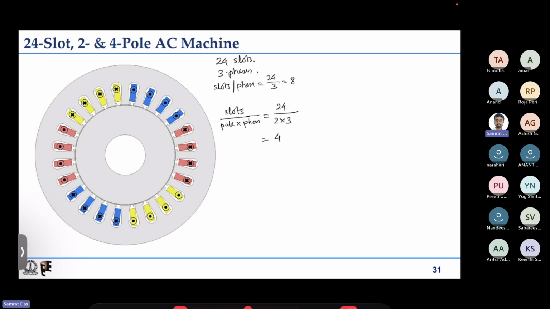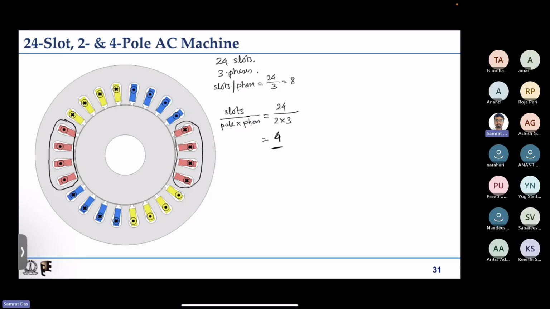So we have a belt of four side by side slots, which are filled by the same direction, same polarity of current, that is cross in this case. And again the opposite belt of the same phase is filled by dot conductors. So this quantity 4 is important. 4 basically gives you slots per pole per phase.